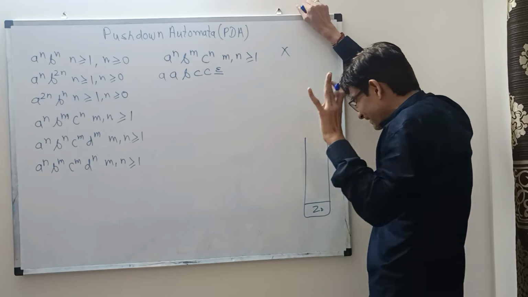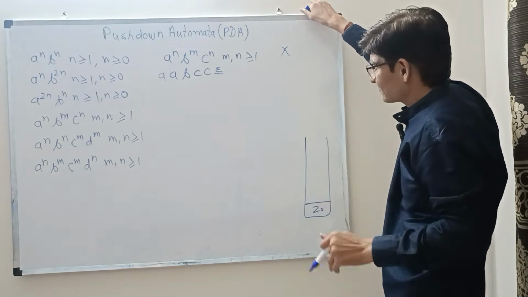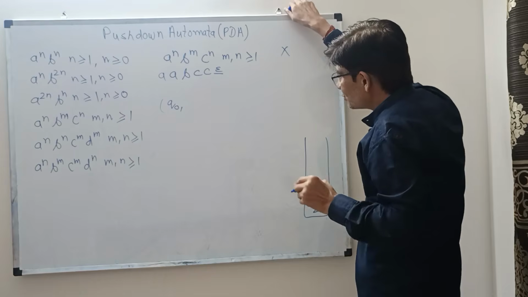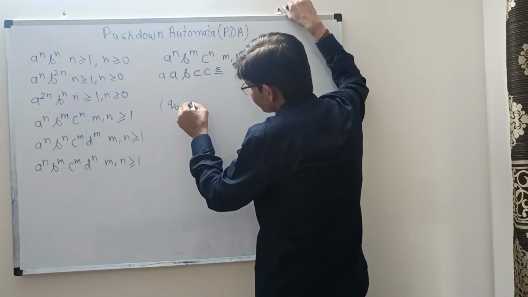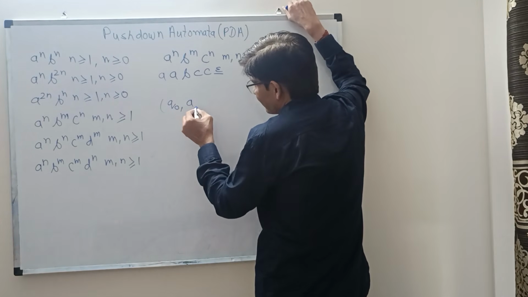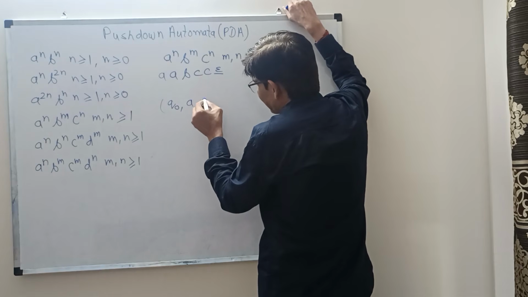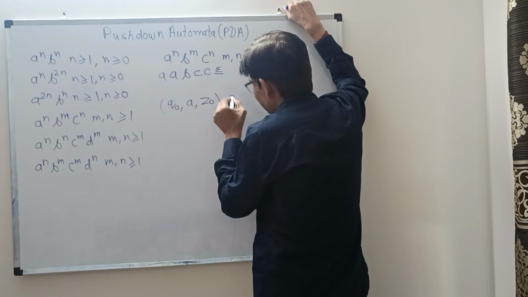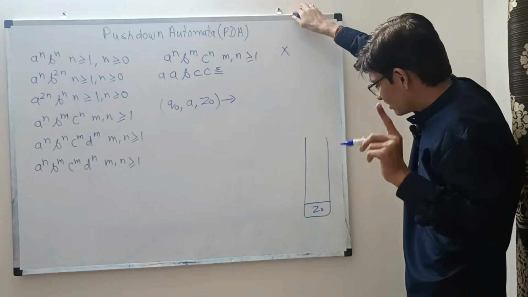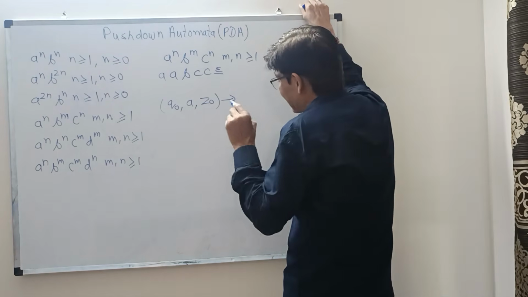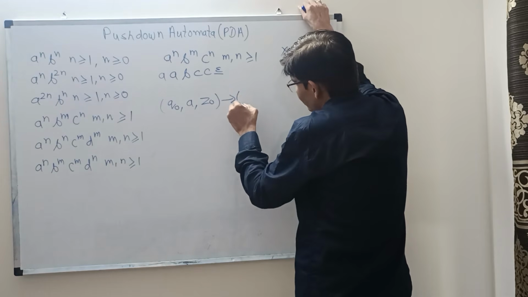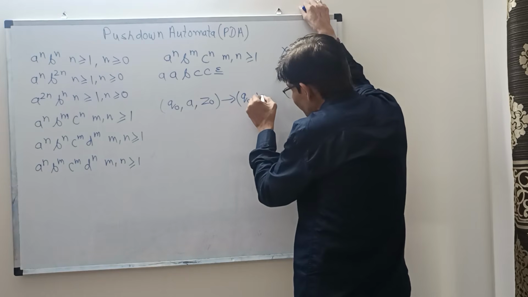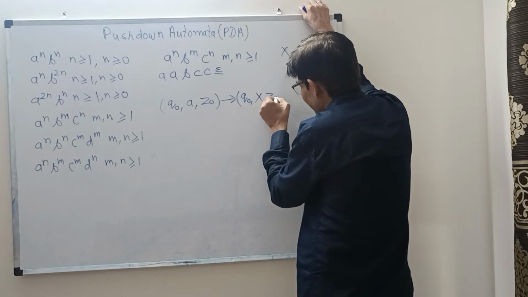So now we will create the logic for this. Suppose your initial state is Q0. You are reading the first A, and at that time Z0 is on the stack top. According to our logic, we need to add one X into the stack, so we stay in Q0 and push one X into the stack.